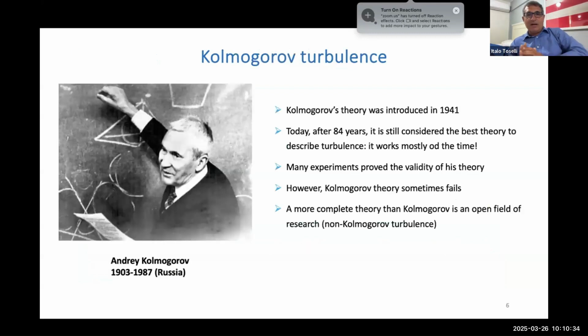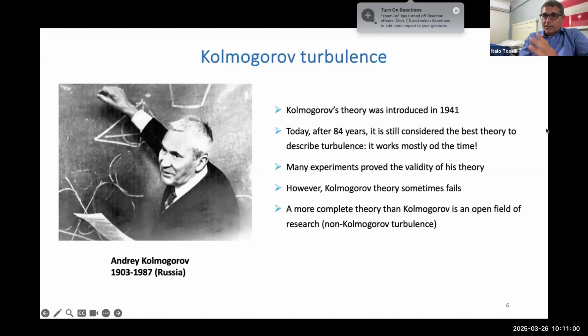Okay, but what is Kolmogorov turbulence? Why Kolmogorov turbulence? Kolmogorov was the first to introduce a power spectrum that is still used today. After more than 85 years, the Kolmogorov theory basically still applies.